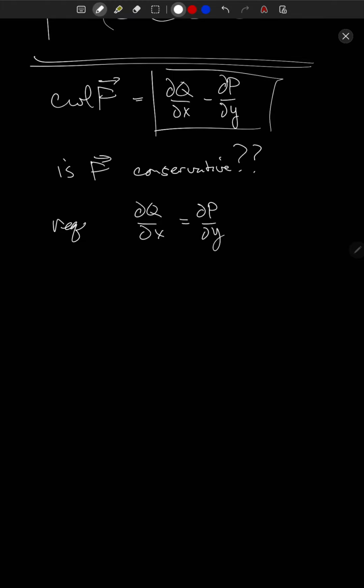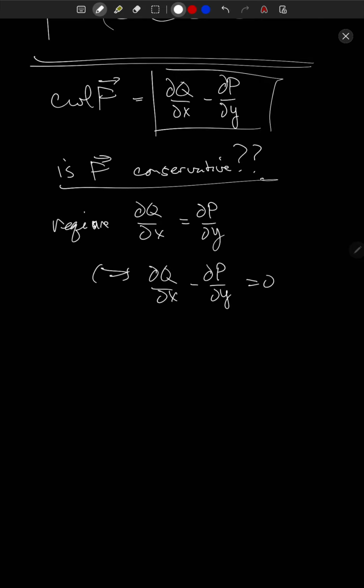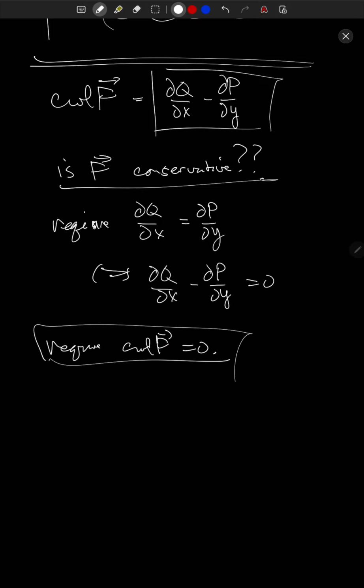We require this, and this is sufficient if our region is nice enough. So this is the same as saying dq/dx minus dp/dy is equal to 0. So is f conservative? Well, we require the curl of f to be equal to 0. So the curl of f is related to vector fields being conservative or not.